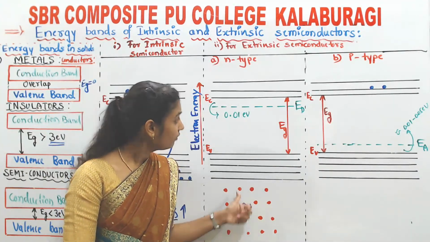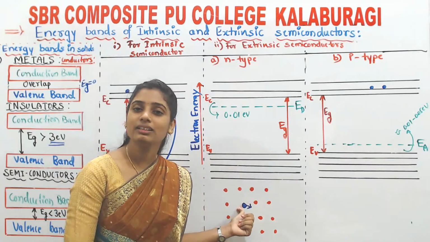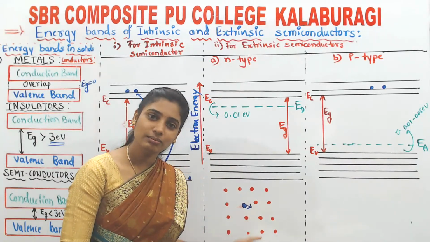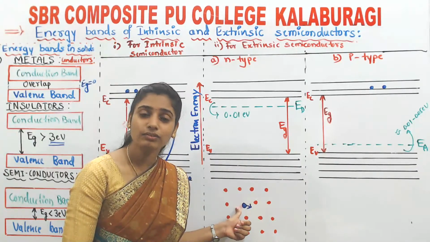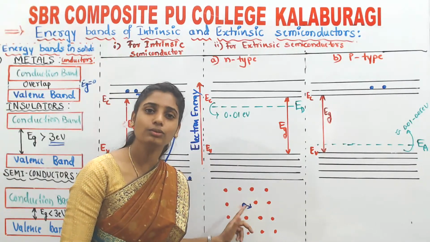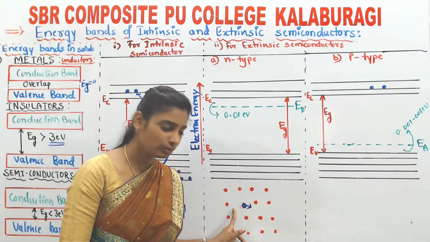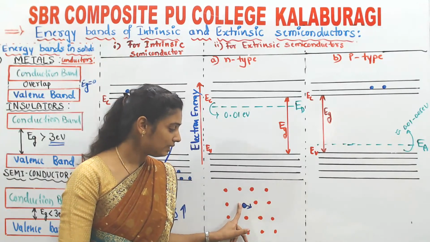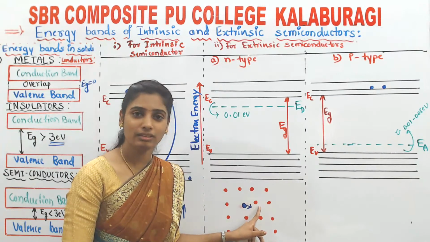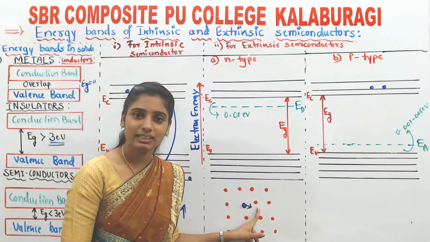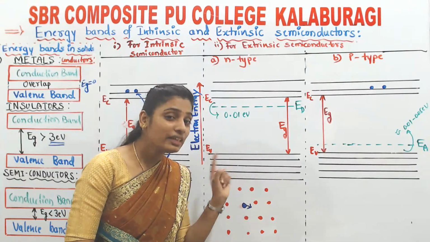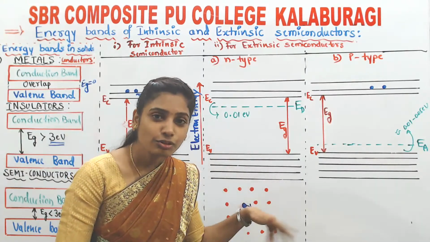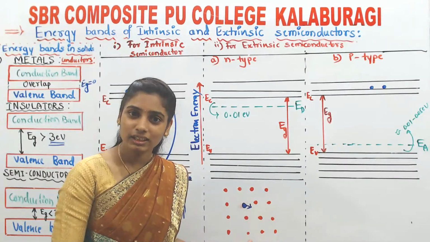So usually for getting the n-type semiconductors, we will be doping that semiconductor with atoms of 5 valence electrons. So a pentavalent atom is doped. This is having 5 valence electrons, whereas all the silicon atoms will be having 4 valence electrons. So the number of valence electrons is different, the number of energy levels will be different, so the energy bands will get altered, isn't it?